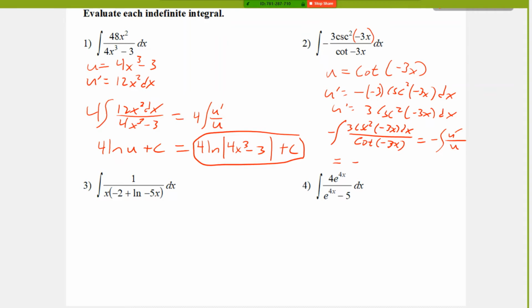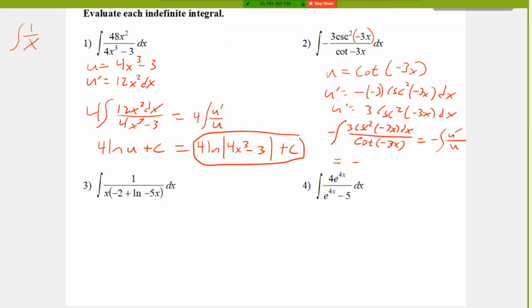So what would I have to derive in order to get 1 over x? Okay, somebody help us out.